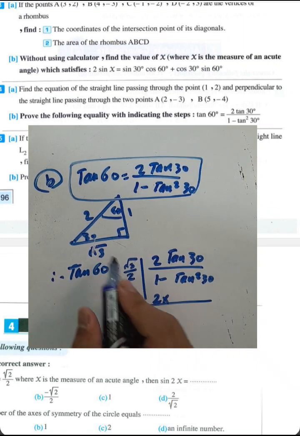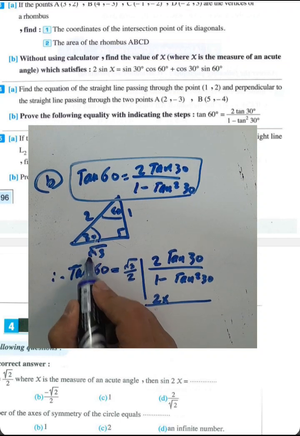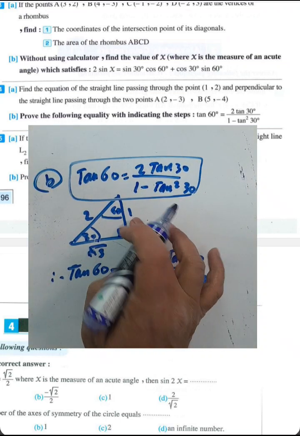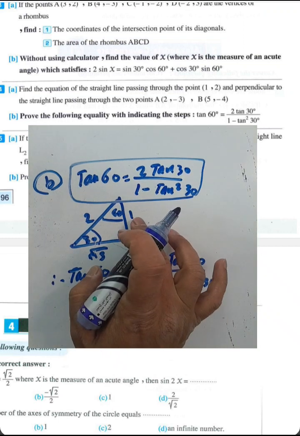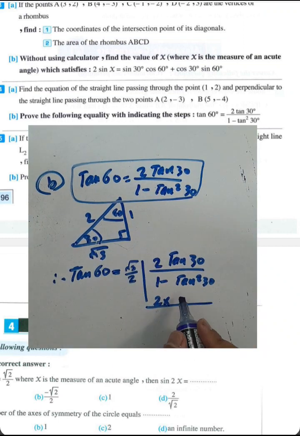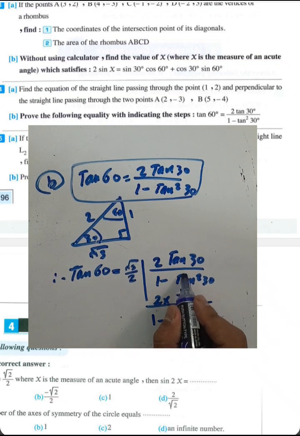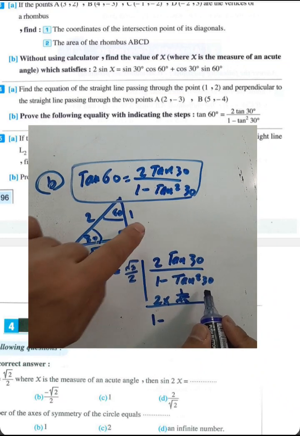Tan 30, we have 30 here, it will be 1 over root 3, opposite over adjacent.